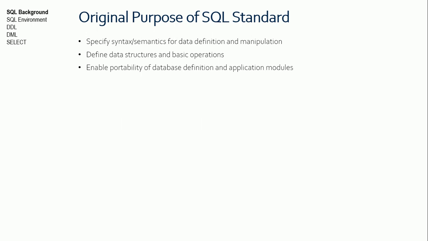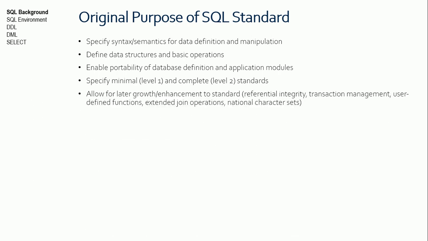Enable portability of database definition and application modules, and what we mean by portability is you can apply it to just about any database management system. Specify minimal level 1 and complete level 2 standards. Allow for later growth and enhancement to the standard, such as referential integrity, transaction management, user-defined functions, join operations, international character sets, right? So adding that additional functionality.